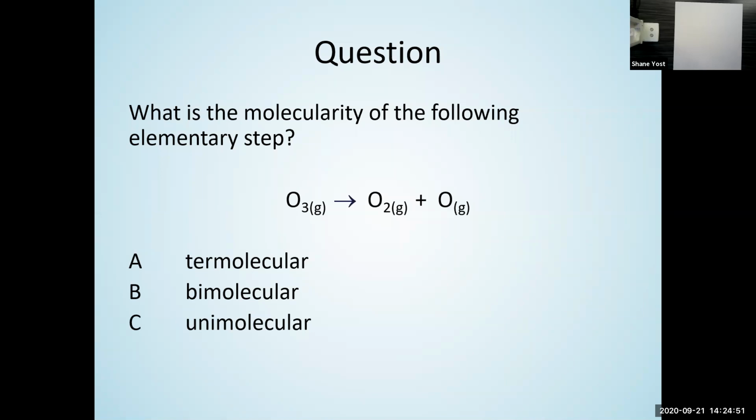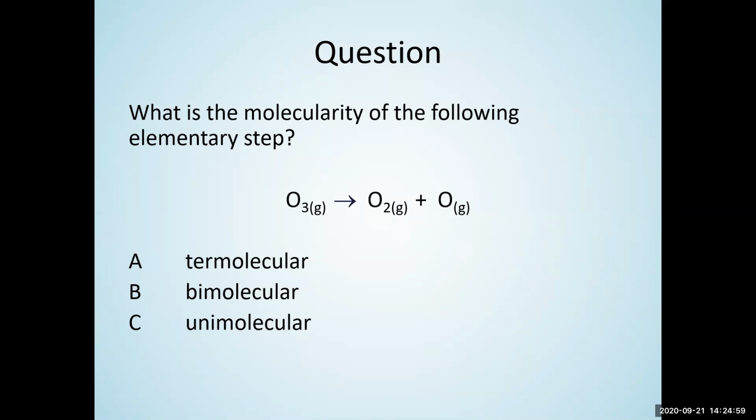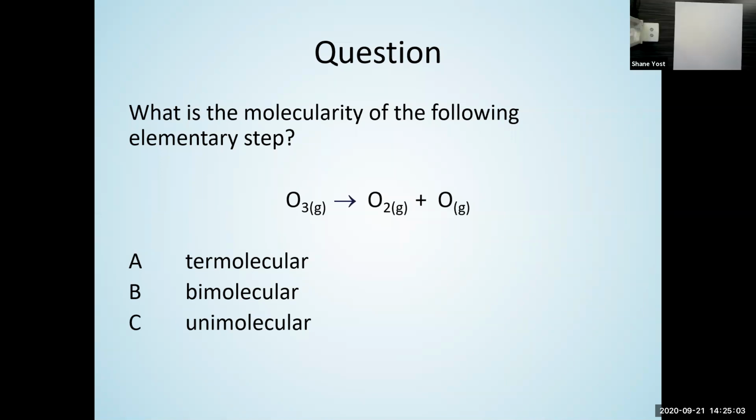For a termolecular elementary step, I need three things to collide at the same time. If I think about these things occurring in gas phase, I've got to have three separate molecules all reaching the same point in space at the same time. It can happen, but it's not going to happen very often.